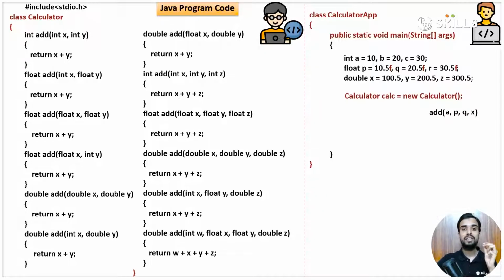And using that reference calc, which is pointing to the Calculator object, you will be able to call the methods that are defined within that particular class. In other words, the add method must be called like this: calc.add. Next, what, sir? We know that the add methods within the Calculator class, after executing their bodies, definitely are going to return some result to me.